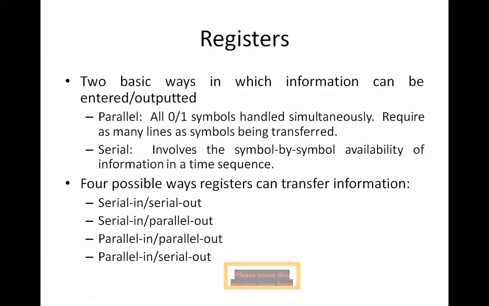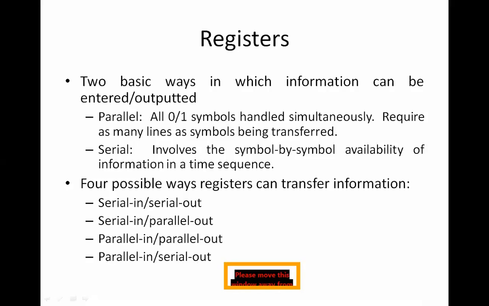So these are the four combinations that I was talking about: serial in, serial out; serial in, parallel out; parallel in, parallel out; parallel in, serial out. Accordingly, they are called SISO, SIPO, PIPO, and PISO.